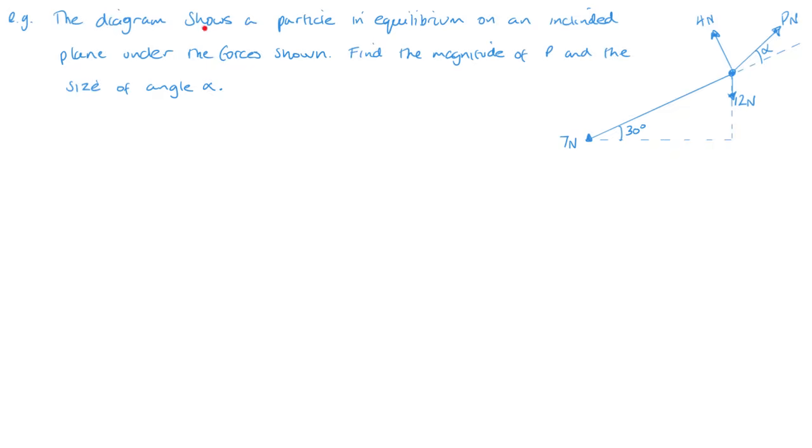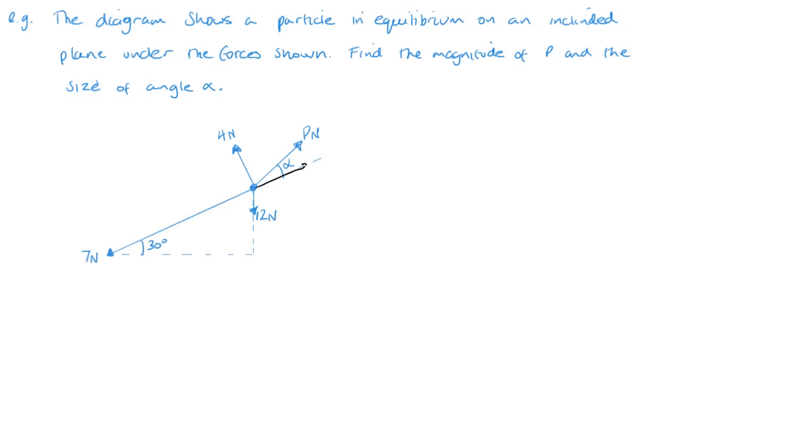We've got a diagram showing a particle in equilibrium on an inclined plane. Forces are shown. Find the magnitude P and the angle alpha. So for this, we need to resolve parallel and perpendicular.